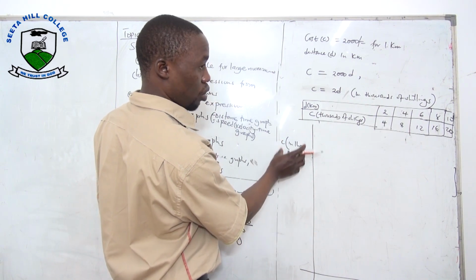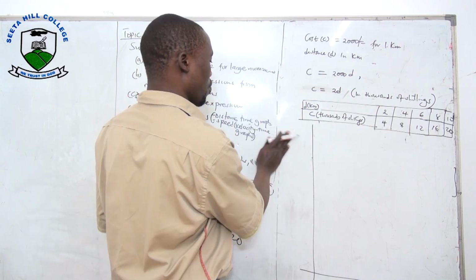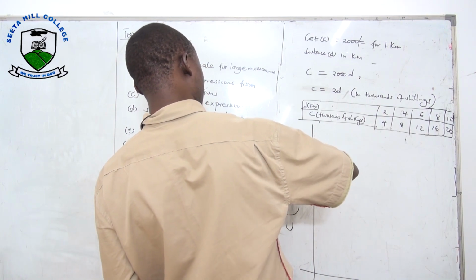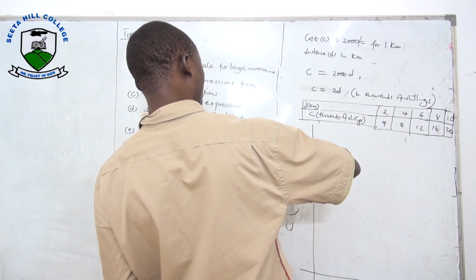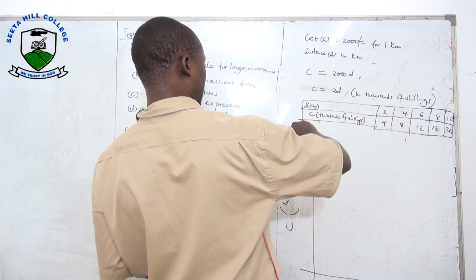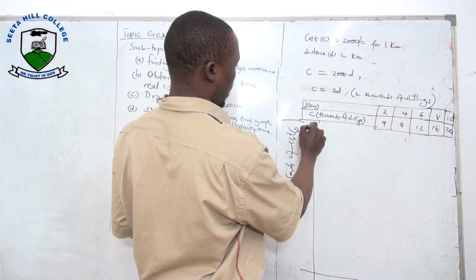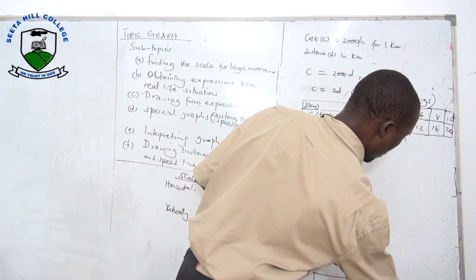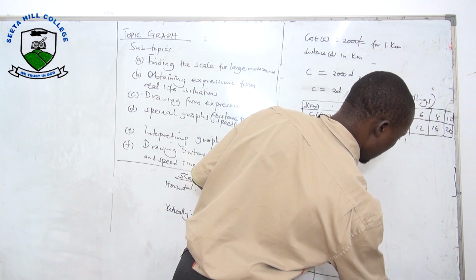If it's a long statement, invert it and say C is in thousands of what? Shillings. Okay, plot that. Then here you put D in kilometers.